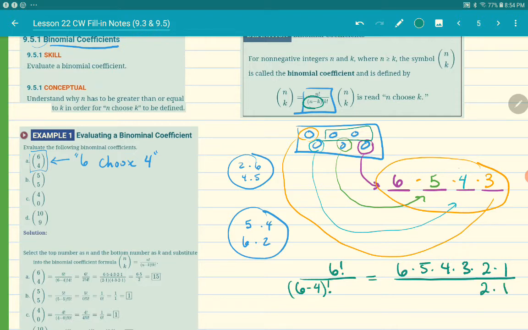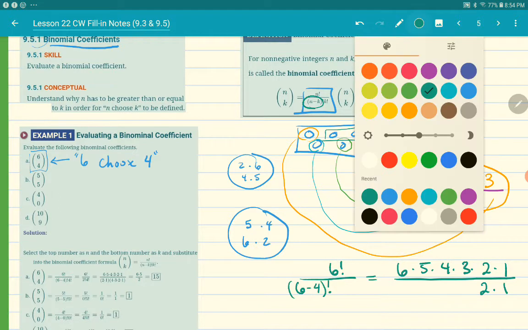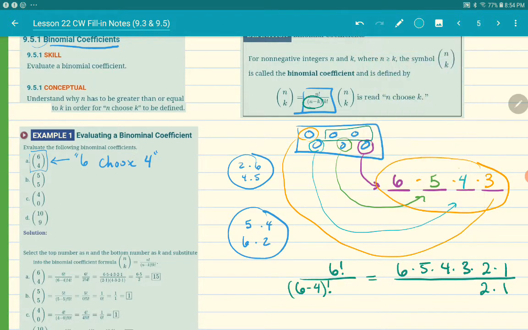And then we have to think about how to take away the order. To say order doesn't matter, how many ways are there to order it? There's k factorial, or in this case 4 factorial. How many ways are there to make this study group? There's 4 factorial ways. So I want to divide by 4 factorial to say order doesn't matter. So then that gives me the 4 times 3 times 2 times 1.